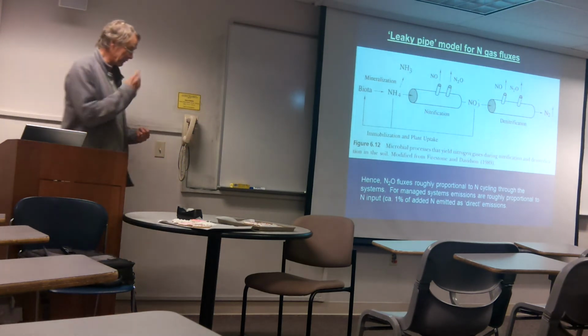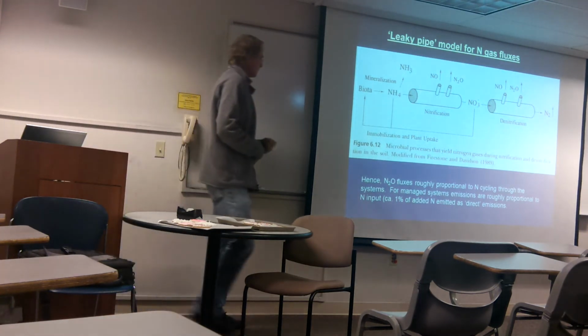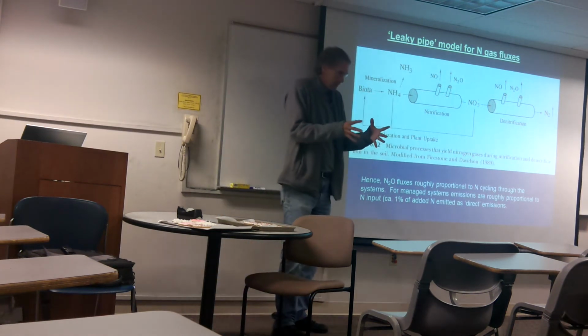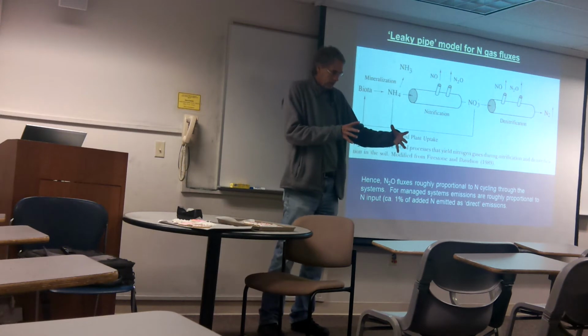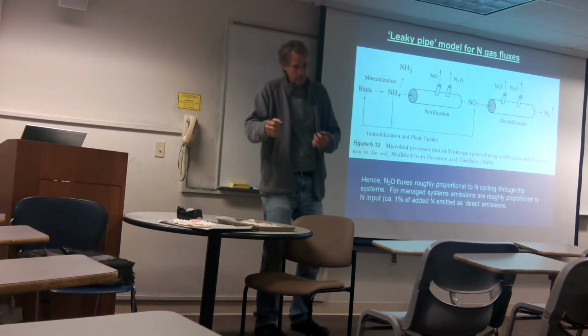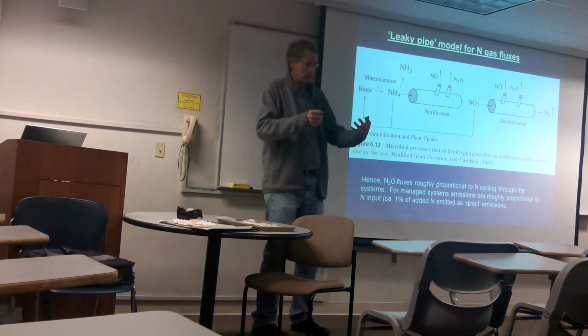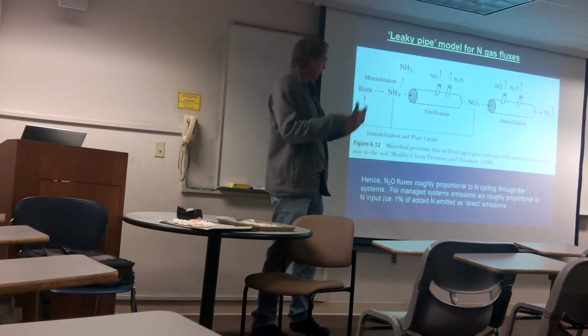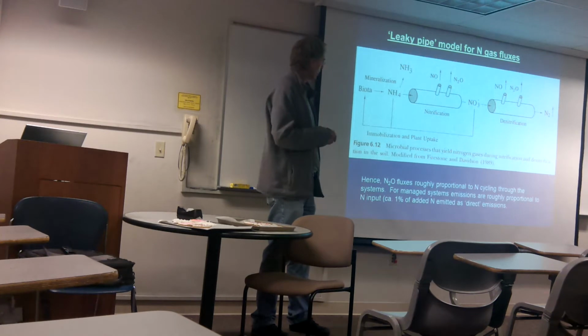As one consequence, people have also done more simplified models and said, okay, we've got both anaerobic and aerobic processes going on. Nitrous oxide is being lost in both of these processes.